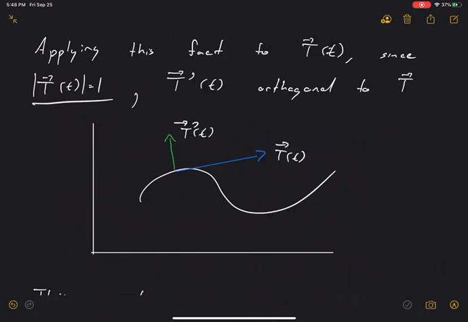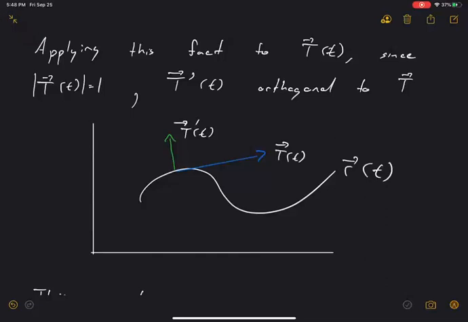So then capital T of t should always be orthogonal to its derivative. Meaning, let's put it in perspective. Let's say I have some vector valued function r of t.